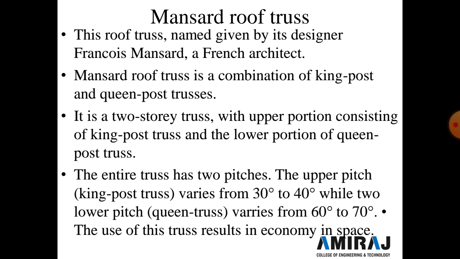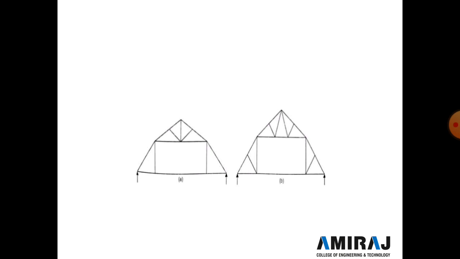The upper pitch, the king post truss, varies from 30 to 40 degrees, while the two lower pitches, the queen post truss, vary from 60 to 70 degrees. The use of this truss results in economy in space. See this figure.